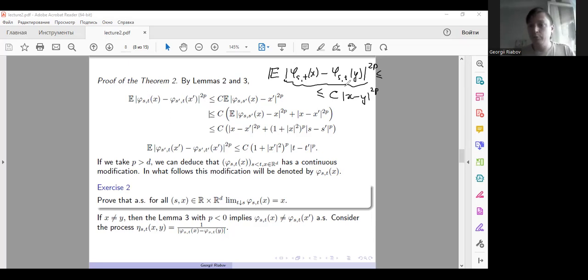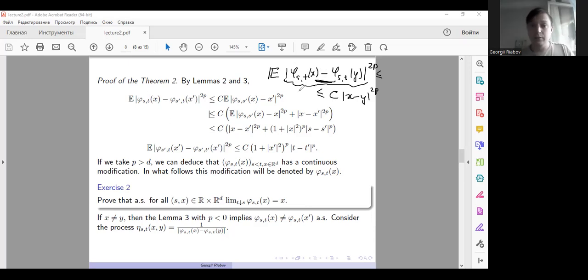We want more. We want to say that with probability 1, the mapping phi will be one-to-one. So we want the exceptional set, where these variables can coincide, to be independent of x and y and s and t.